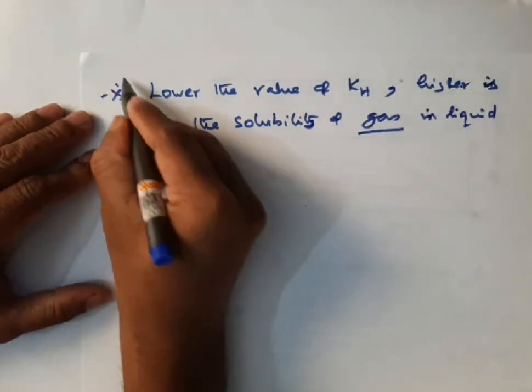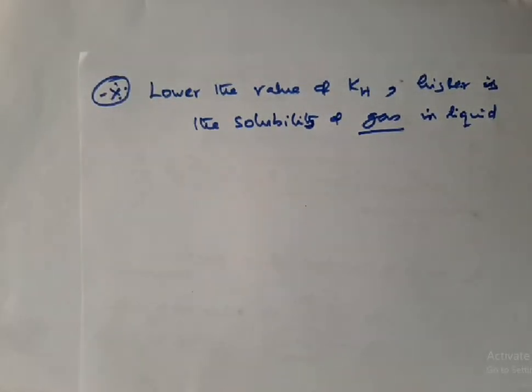Very important, no doubt. If Henry's law constant is high, that component dissolves to a lesser extent. If Henry's law constant is low, that component dissolves to a larger extent.